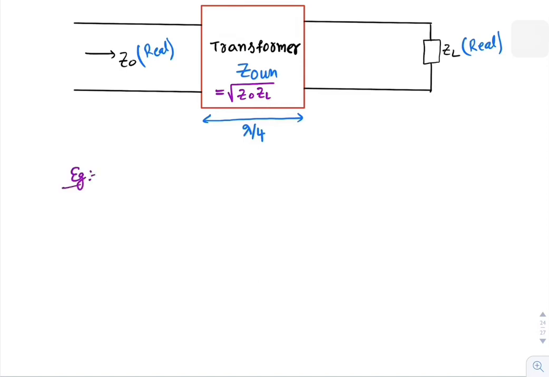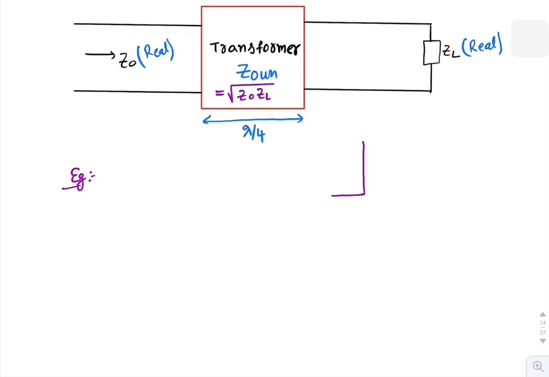Let us take an example to see how you have to design this transformer. Let us say I have an antenna whose impedance is 100 ohms and I have a transmission line whose characteristic impedance is 50 ohms.